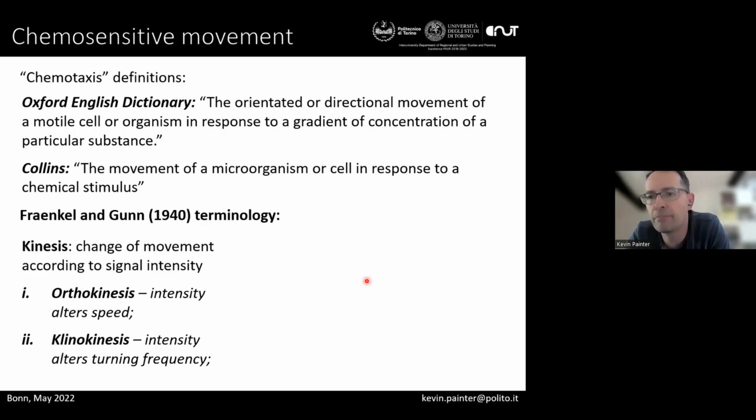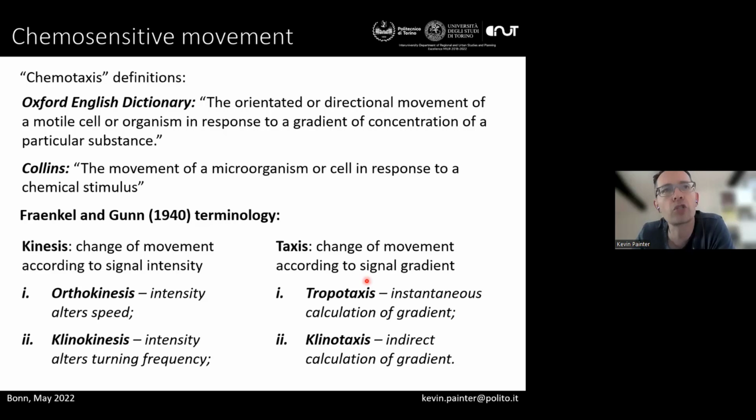But within that broader level, we can still think about further subtleties in the way you do that, because according to a concentration, you could change different parts of your behavior. You could change, for example, your speed, or you could change your turning frequency. So again, there's extra subtlety. In orthokinesis, the intensity will alter your speed. Clinokinesis is where the intensity will alter your turning frequency.